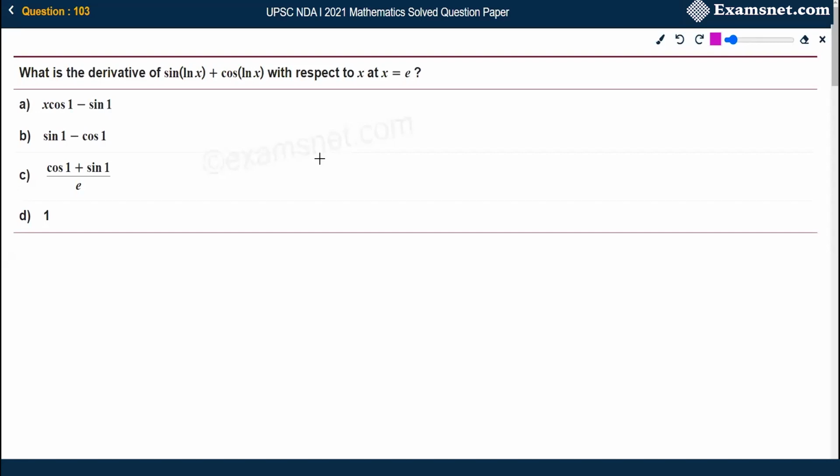In question number 103, what is the derivative of sine ln x plus cos ln x with respect to x at the point x equals e? Very good. First of all, let's discuss ln. Ln is defined to the base e, whereas log is defined to the base 10.